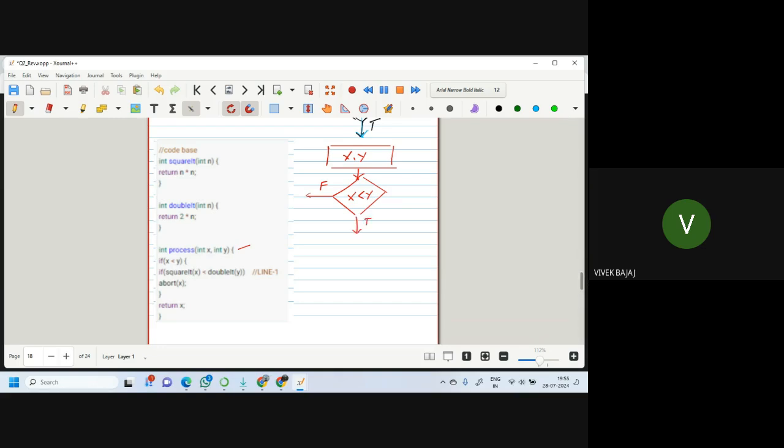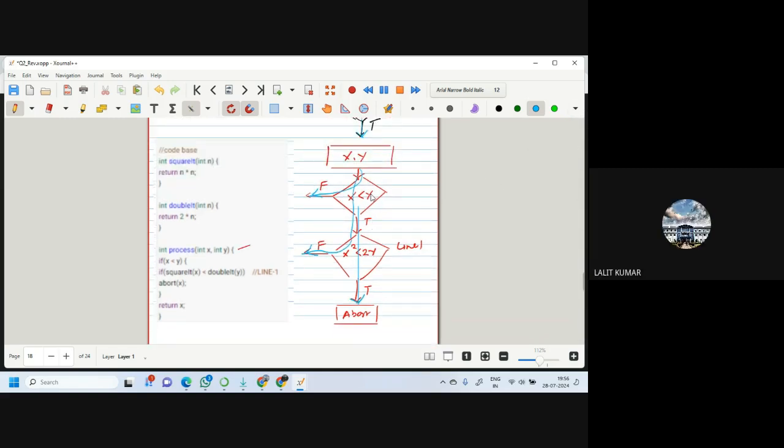And then true, we come to the square of x, that is x into x. X squared is less than 2 of y. So we see there are 3 paths here, 1, 2, and 3.